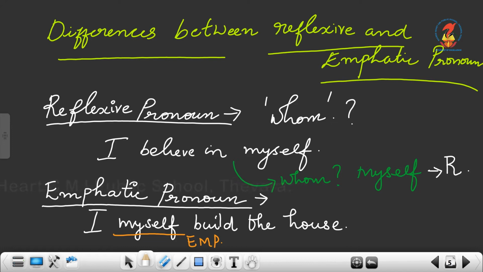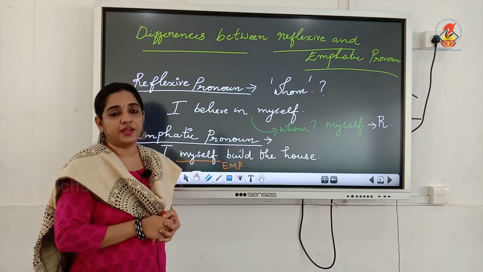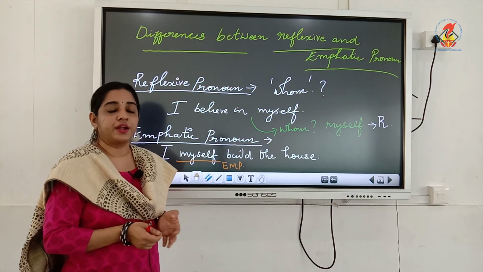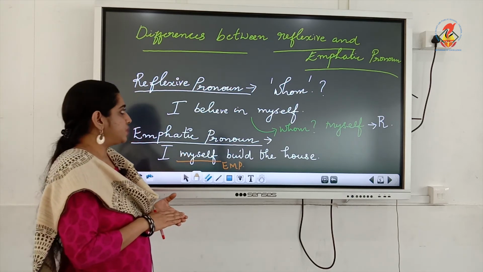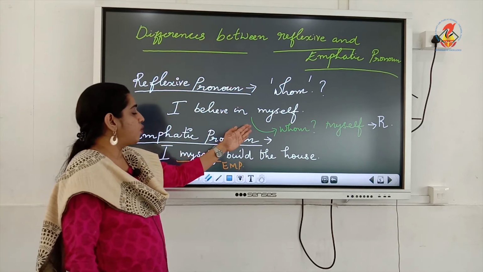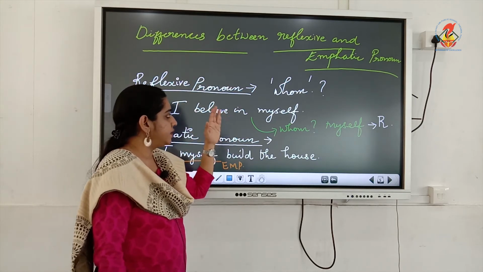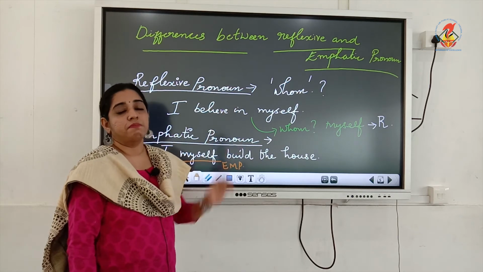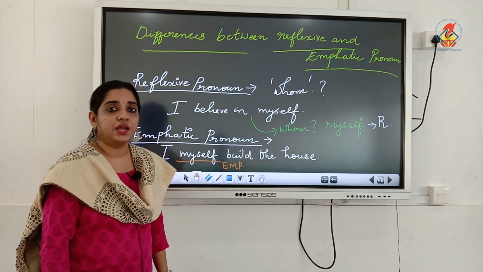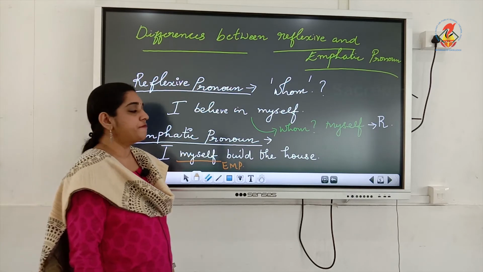I will get the answer, myself, is it? So that is a reflexive pronoun. That's a technique to find out whether the pronoun is emphatic or reflexive. First you have to ask the question whom after the verb. I believe in whom? I believe in myself. That is what? That is a reflexive pronoun.